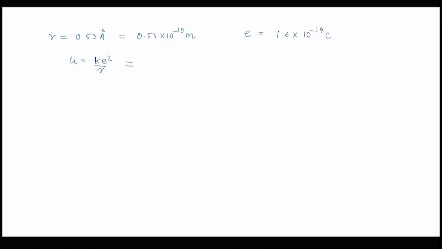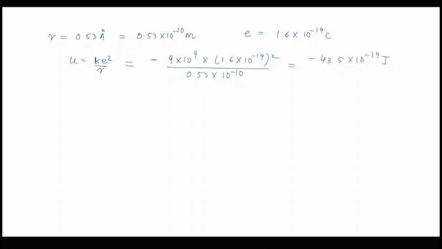So we write it as minus 9 into 10 to the power 9 into Q1 Q2, that is 1.6 into 10 to the power minus 19 whole square, over the separation, which is equal to 0.53 into 10 to the power minus 10 meter. The value will be obtained in joule, and it comes out equal to minus 43.5 into 10 to the power minus 19 joule.